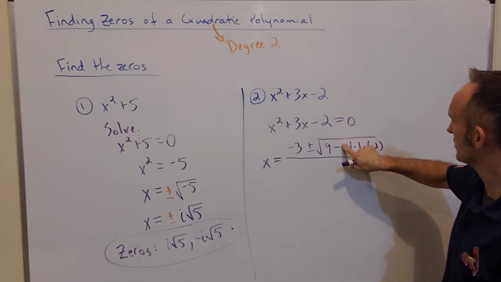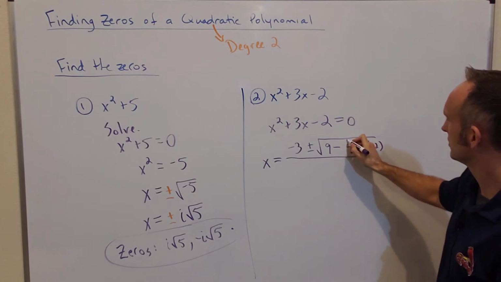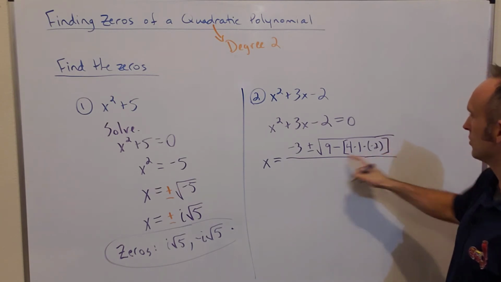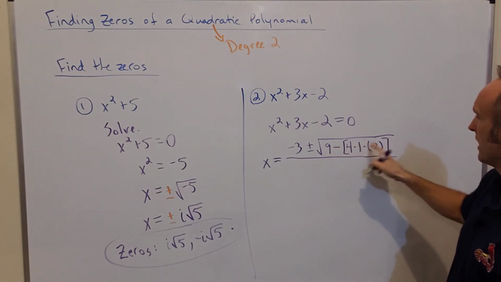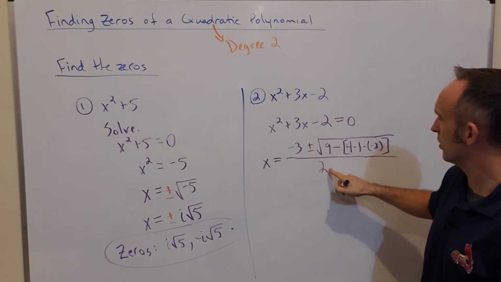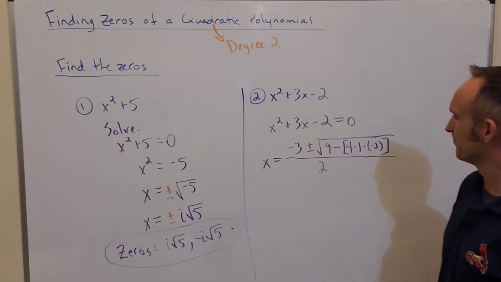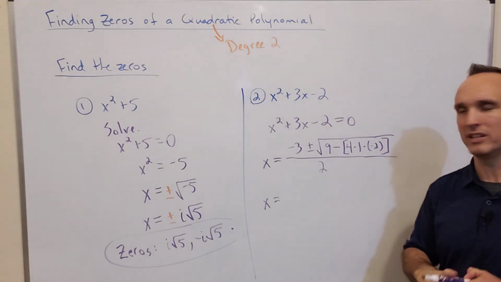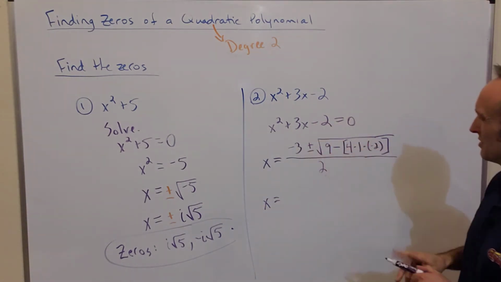Let's use brackets here. So b squared minus 4ac, all over 2 times a, which is 1. So 2 times 1 is 2. And then it's just a matter of simplifying. That's where all the work comes in on the quadratic formula, is cleaning this up.